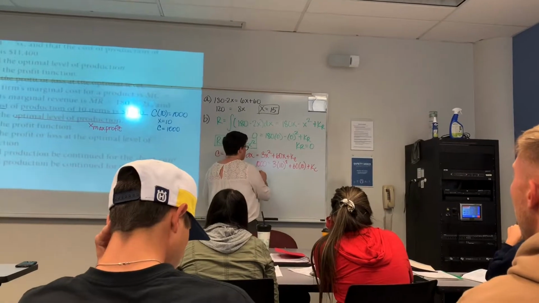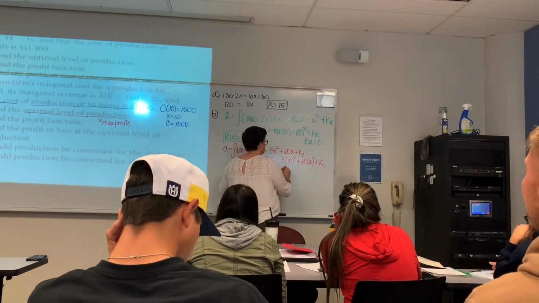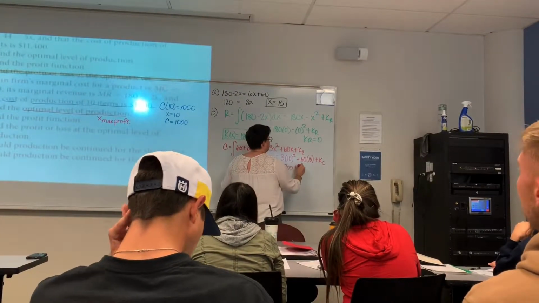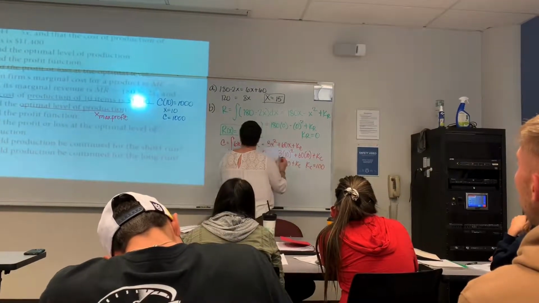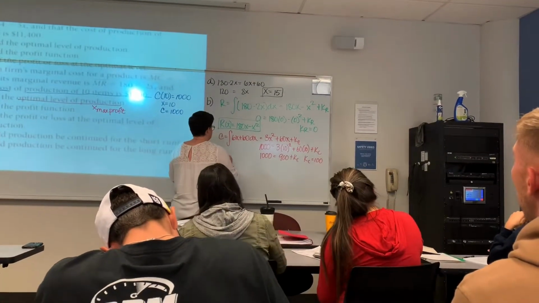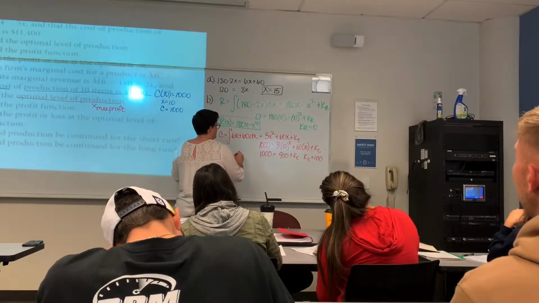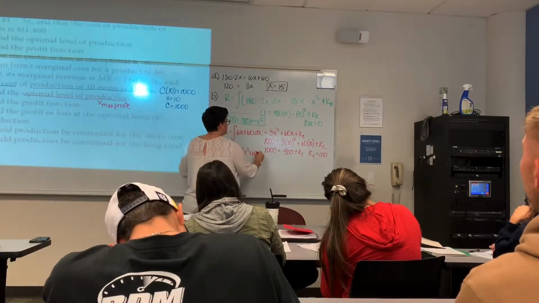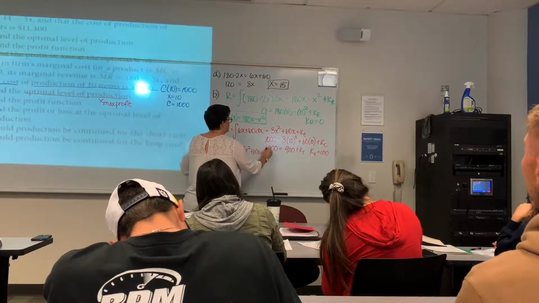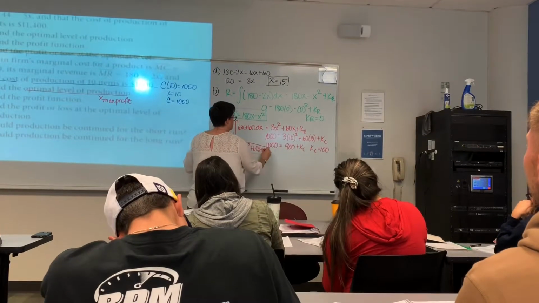So 1,000 equals 900 plus what? It's 100. So then my real cost function is going to be 3x squared plus 60x plus 100. I'm going to box that.